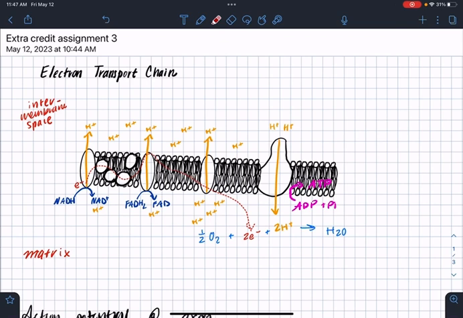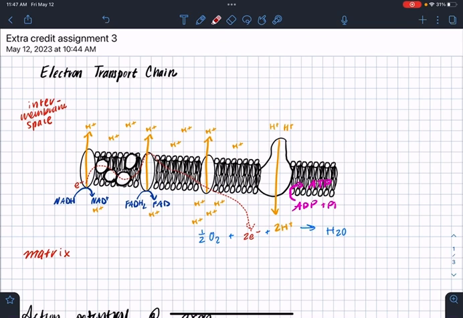Both of these substrates will be used in order to create redox reactions, and they were given from prior places within this chain. So they were taken from glycolysis as well as the Krebs cycle and the citric acid cycle, all those things.